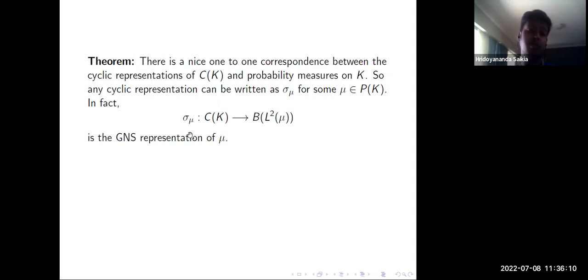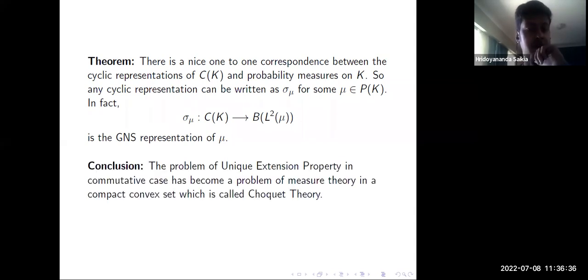Since mu is a probability measure, I can view mu as a positive linear functional on C of K, right? So I can talk about its GNS representation. Any cyclic representation comes out of a probability measure as the GNS representation of that measure. That is not difficult to see once we know what the GNS representation is.